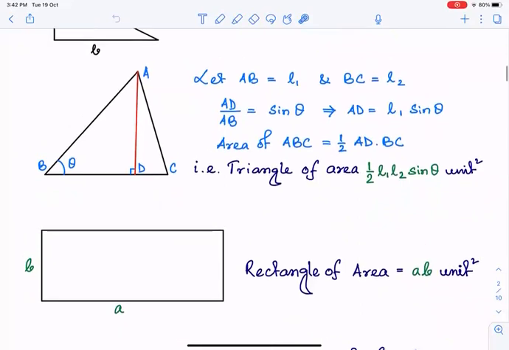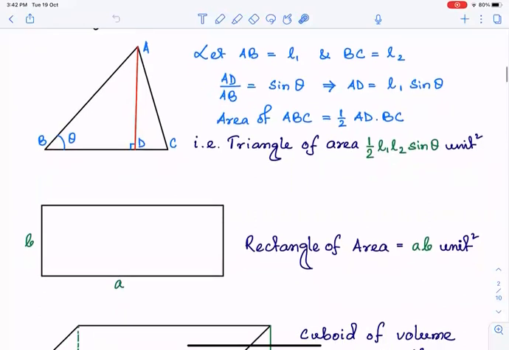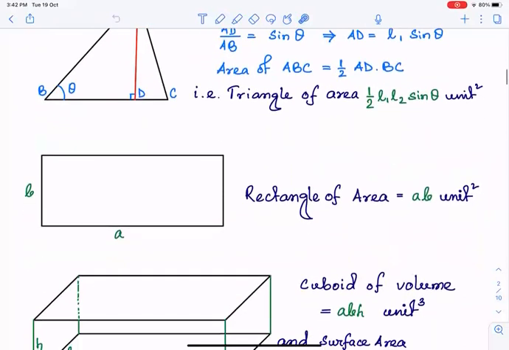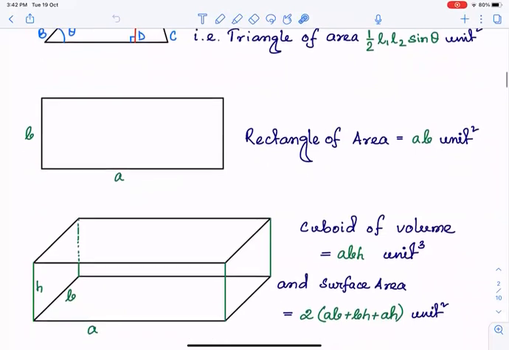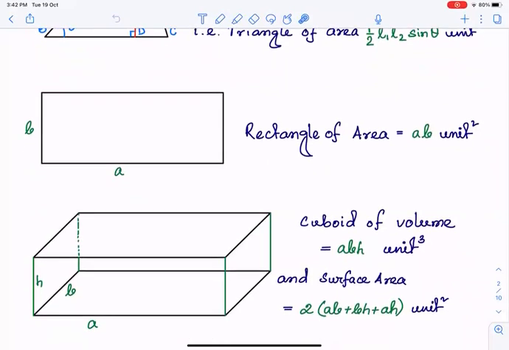Now, if you think of a rectangular page of area AB, and you keep such rectangular pages one after another, such that after stacking such pages, it is creating a notebook of height h. In that case, it will be a cuboid having volume ABH unit cube or ABH cubic unit.